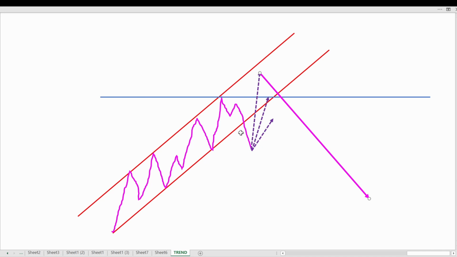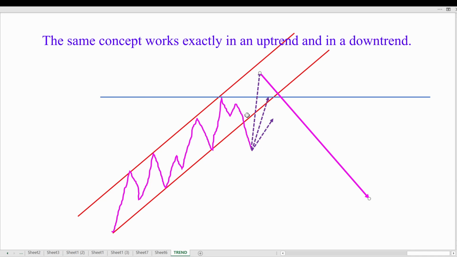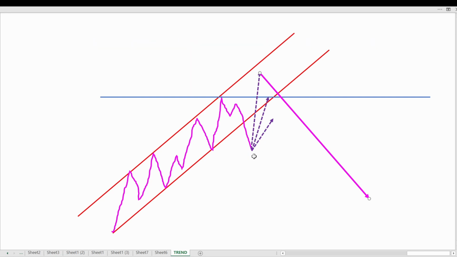This is the first sign that there's a good chance of a possible change in the trend. It has to close outside here, and from this point there are 3 possibilities.